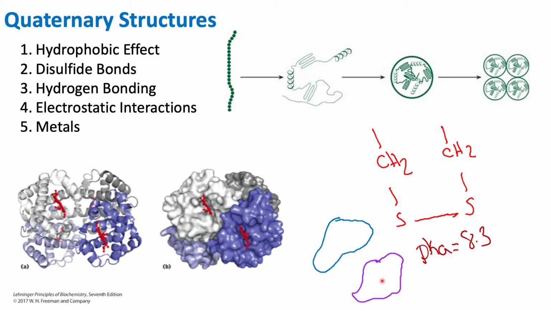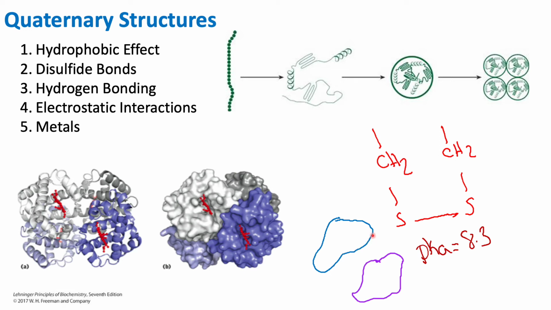And now let's say we know that the exterior is most likely hydrophilic, and the amino acids that have to be on the outside must be hydrophilic. So let's say I have an aspartate over here. If this aspartate is negatively charged, and this tertiary structure over here, for example, has lysine. We know lysine has a positive charge.